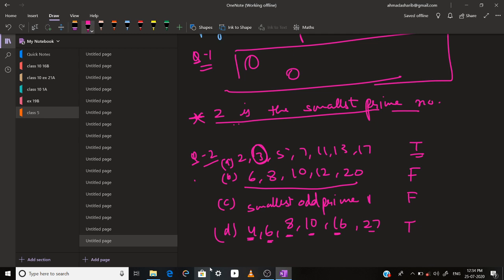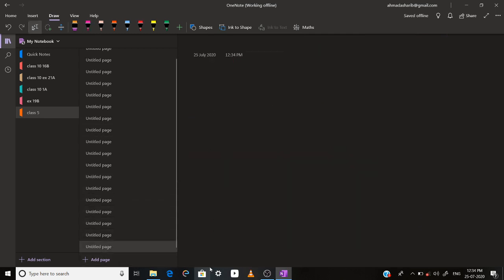A number that can be divided by any other number other than 1 or itself. You can watch the table carefully, in which composite numbers and prime numbers are given. Do watch that table carefully before doing this exercise.